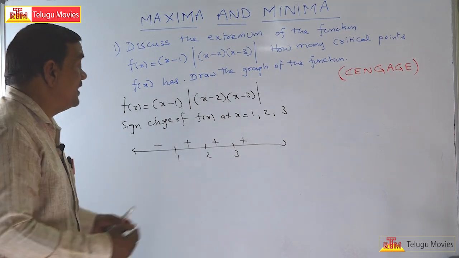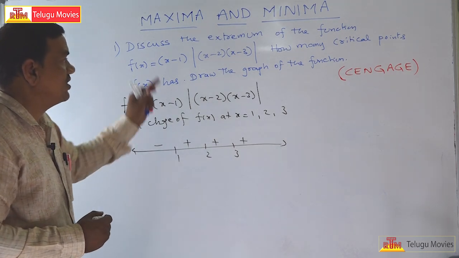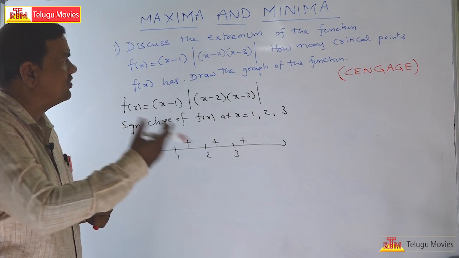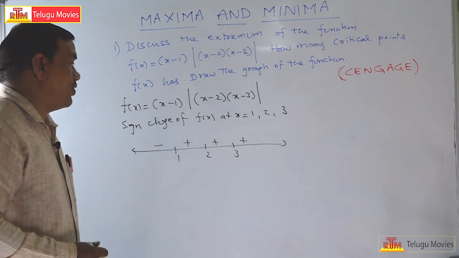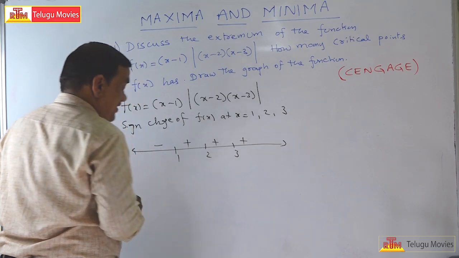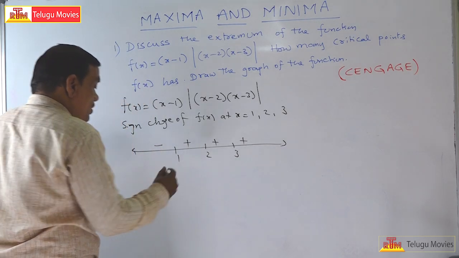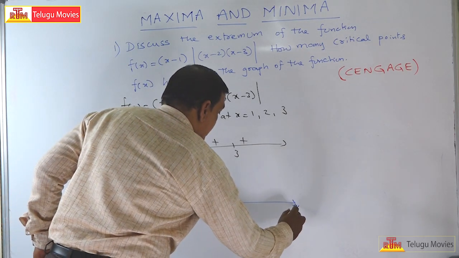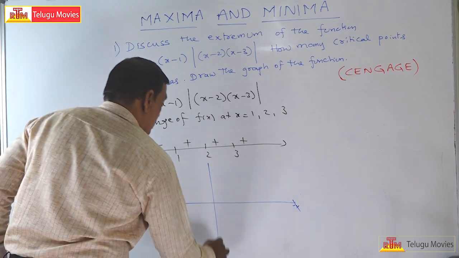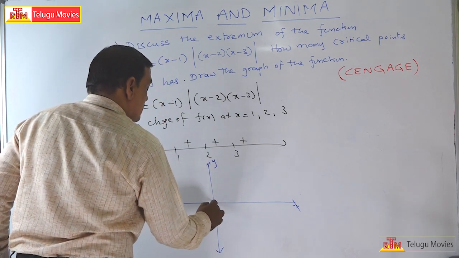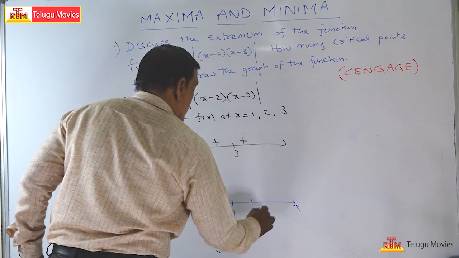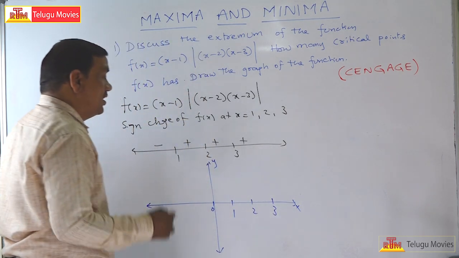Now let us draw the graph. First of all I will draw the graph, then afterwards we will see the critical points. Let us take this as the x-axis and this as the y-axis, with 0, this is 1, this is 2 and this is 3.